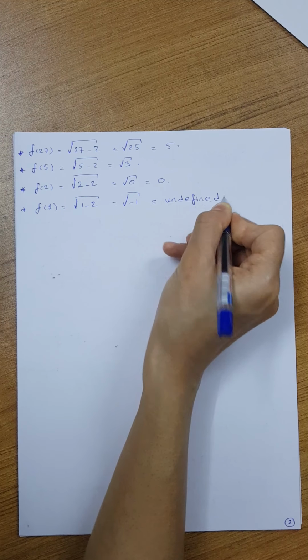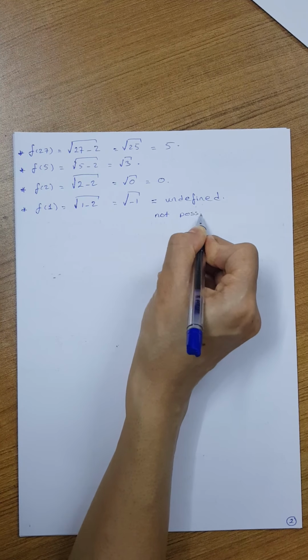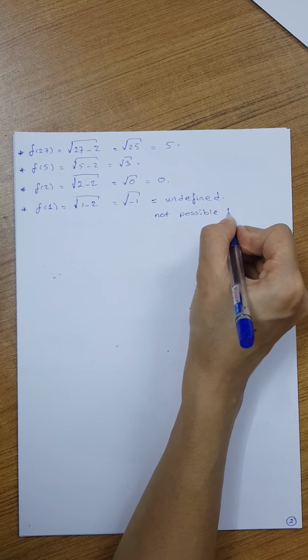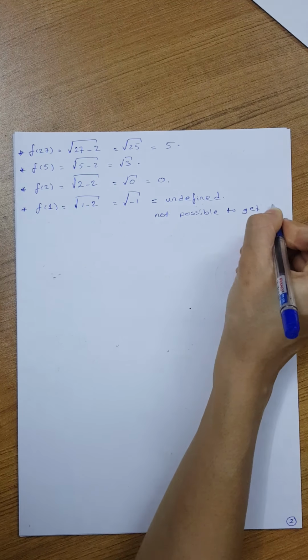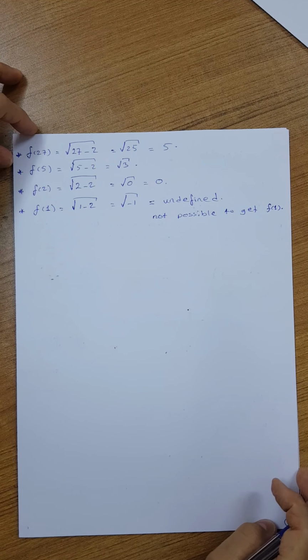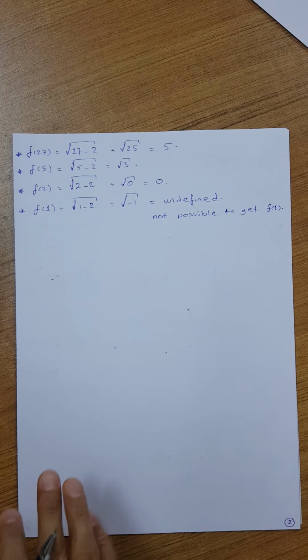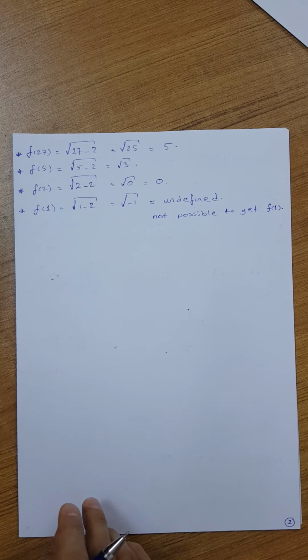So it is not possible to find or to get f of 1. Okay, we cannot find f of 1. Why? Because when we are putting it instead of the value of x, we will get a negative number under the square root, and negatives under square roots are not defined.